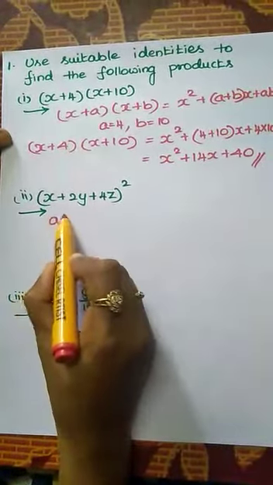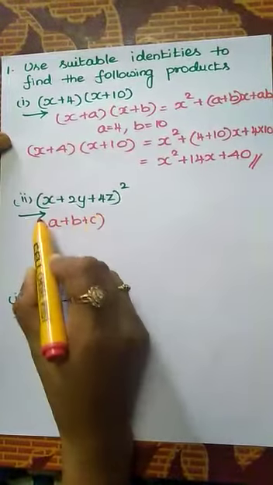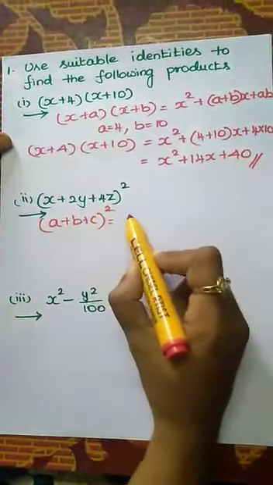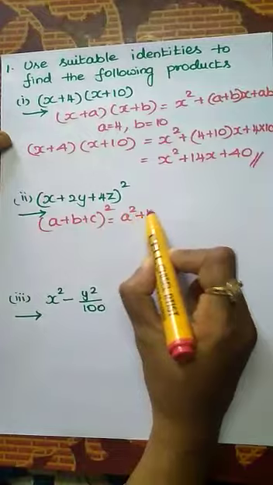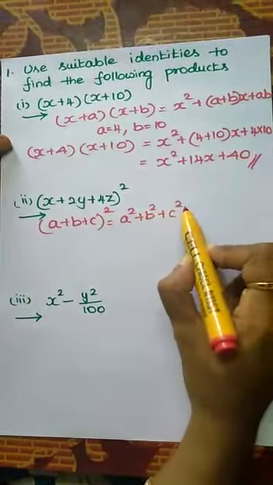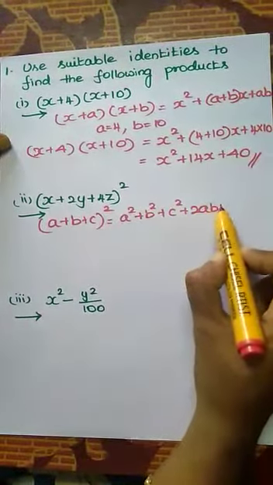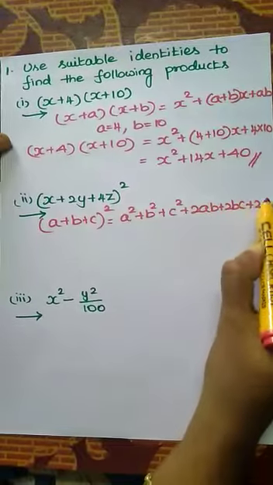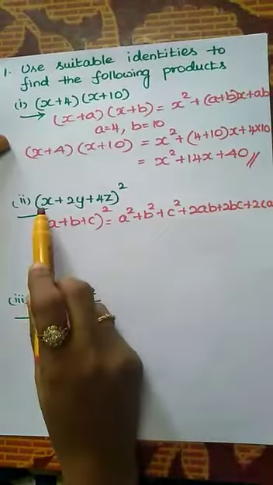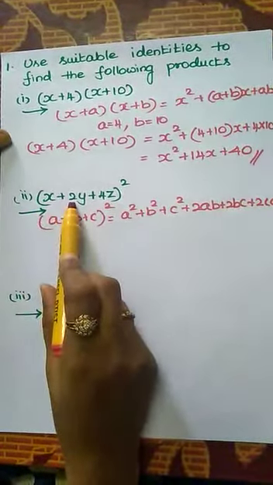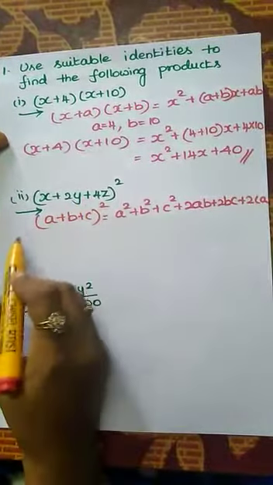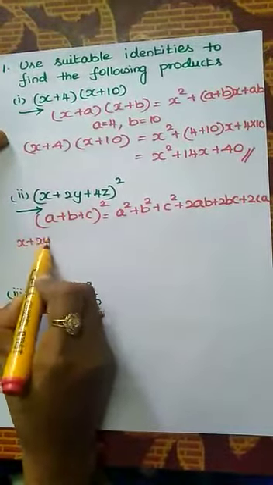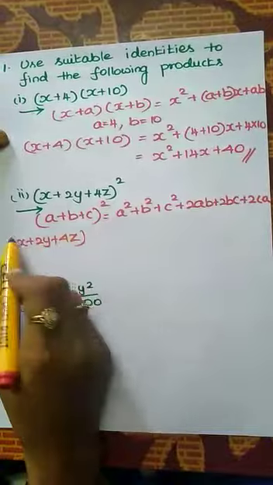This is one identity, that is (a plus b plus c) the whole square. What is our identity? A square plus b square plus c square plus 2ab plus 2bc plus 2ca. So our a value is x, b value 2y and the c value 4z. (x plus 2y plus 4z) the whole square.